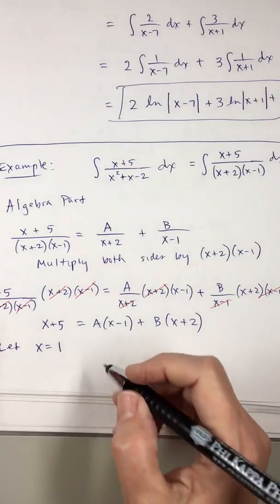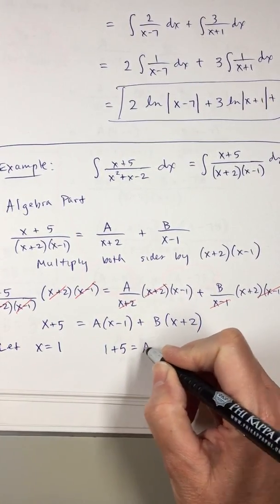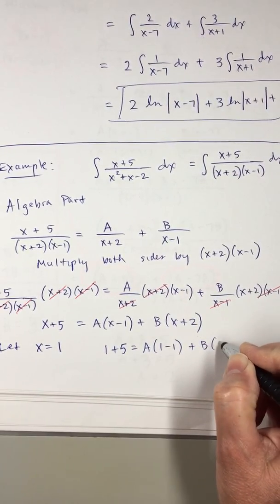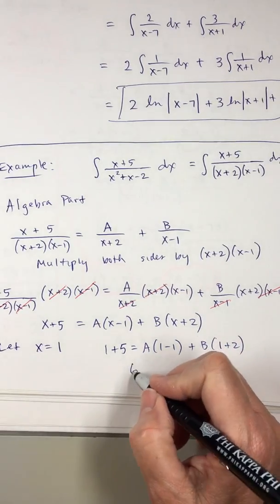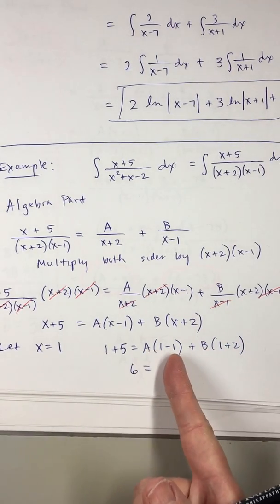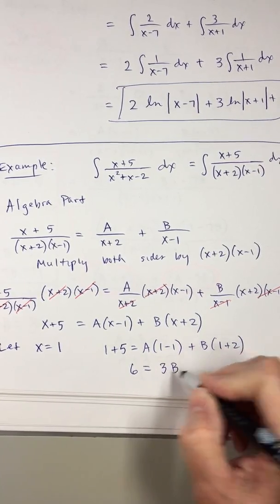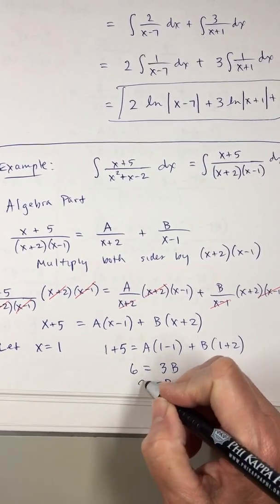So I'll have 1 plus 5 equals a times 1 minus 1 plus b times 1 plus 2. So 6 equals, this would be 0, b times 3. 6 equals 3b, and so b equals 2.